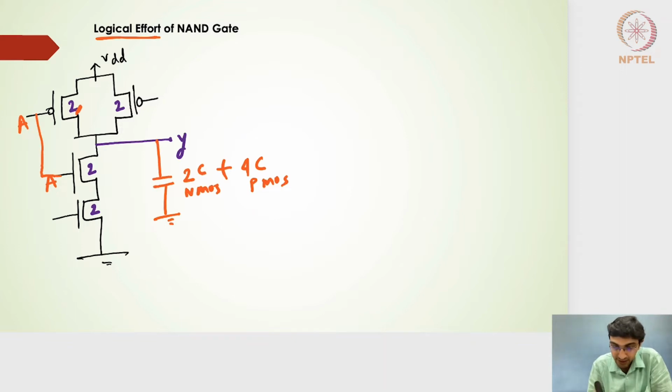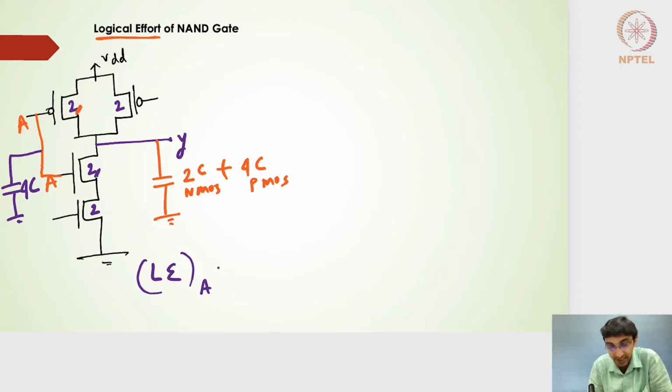The overall input capacitance here will be this 2 and then this 2, so it will be 4C. This 4C capacitance will be utilized to find out the logical effort for the input A here. I'm just considering the input A at this point of time.